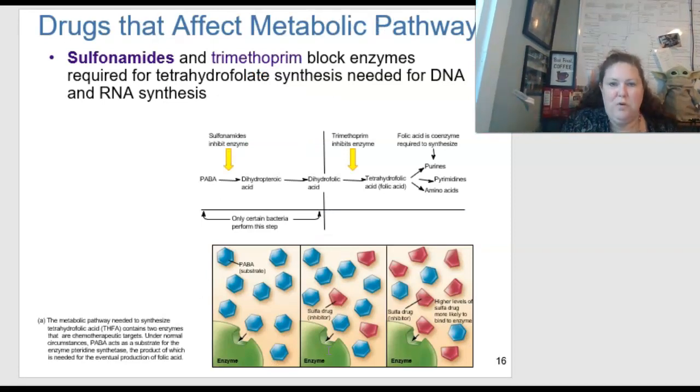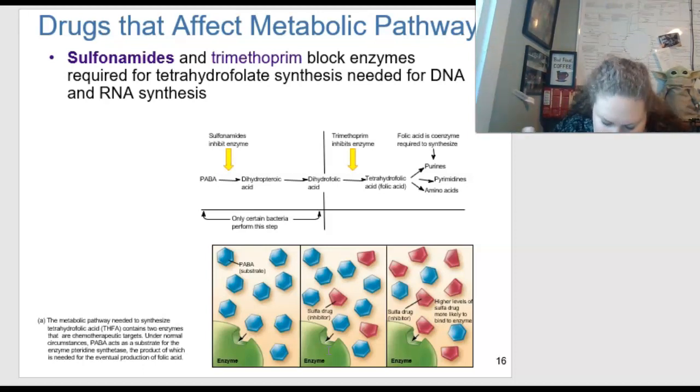This is figure 12.6, and this would be competitive inhibition as a mode of action. Again, drugs can affect this metabolic pathway. Sulfonamides and trimethoprim are going to block the enzymes that are required for the tetrahydrofolate synthesis that is needed for the RNA synthesis.